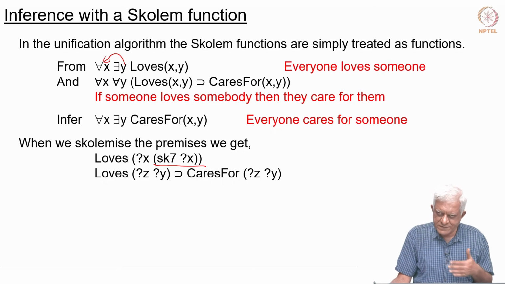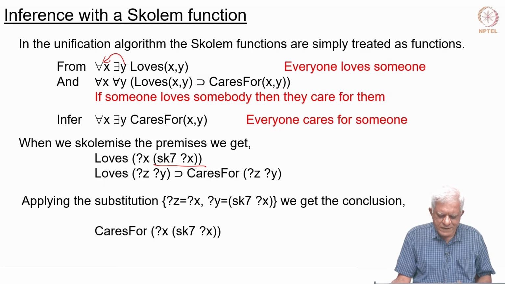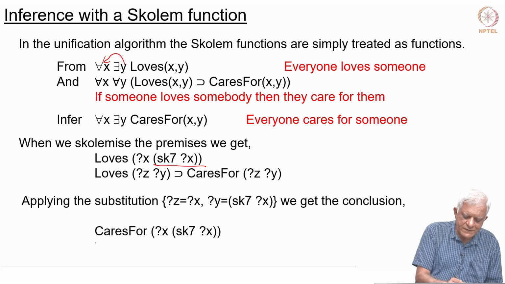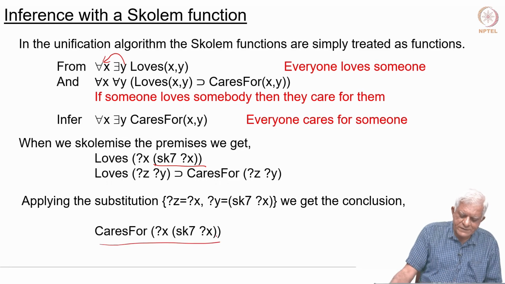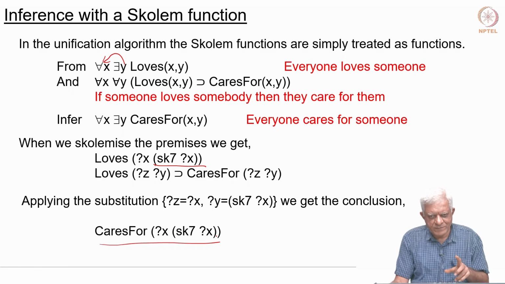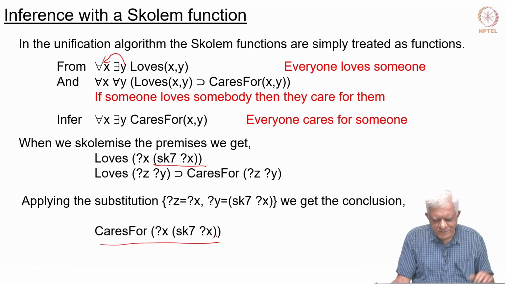So, it gets transformed into SK7, which is the Skolem function of x. The second one is entirely universal, and then we use this substitution, we can come up with the desired conclusion, which is that everyone cares for someone essentially, and that someone is not arbitrary, it is somebody they love actually.